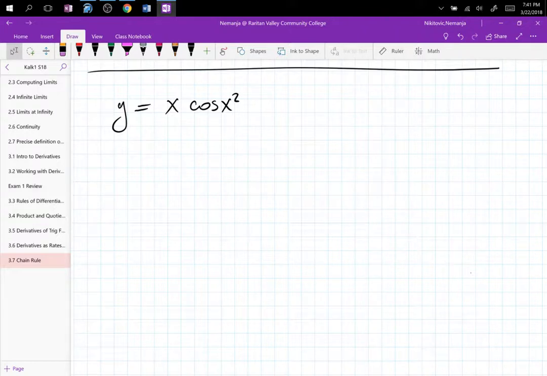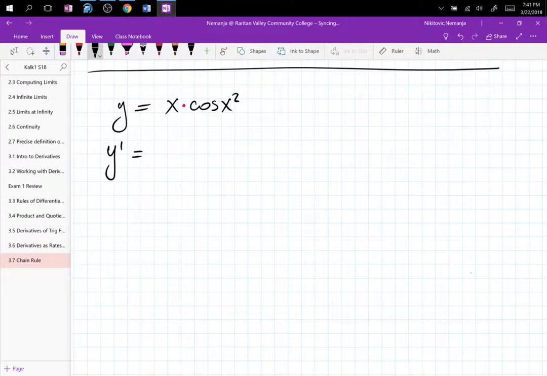All right, so what do we have? Well, I hope that you see this multiplication here, so we definitely have a product rule, and then we have to deal with the chain when we get there.